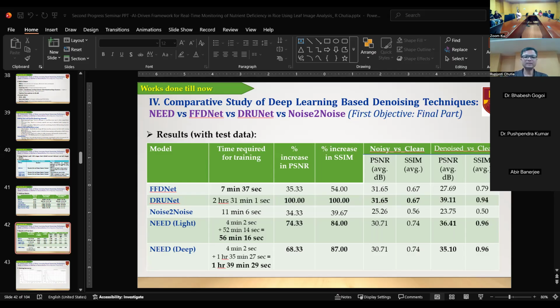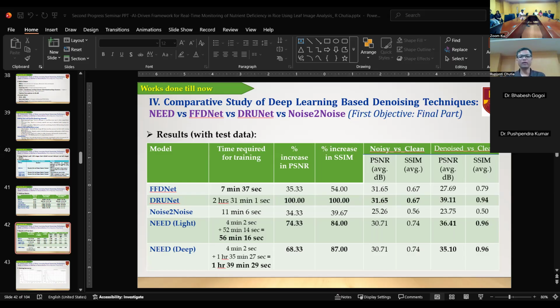And the second performing is the NEED light model, where there is a 74.33% increase in PSNR and 84% increase in SSIM. And in case of the NEED deep model, 68.33% increase in PSNR and 87% increase in SSIM. So these are the average PSNR and SSIM for noisy versus clean and denoised versus clean.